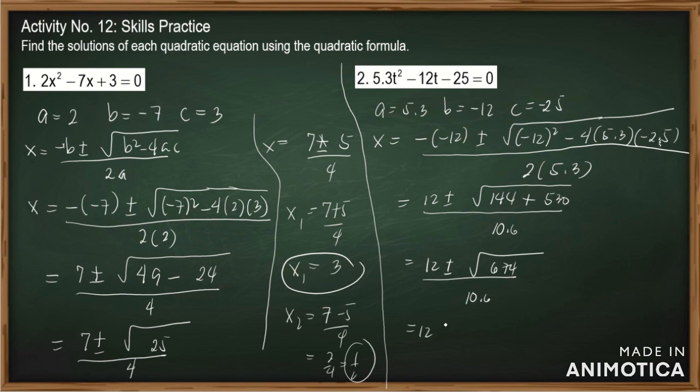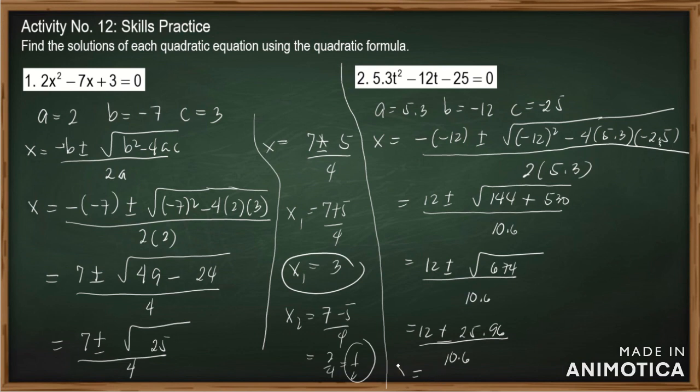Say we have here 12 plus the square root of 674, which is 25.96. Okay, 25.96 over 10.6. So that is what we are going to do if you're asked to determine the exact value, especially when you are asked to solve real life problems.